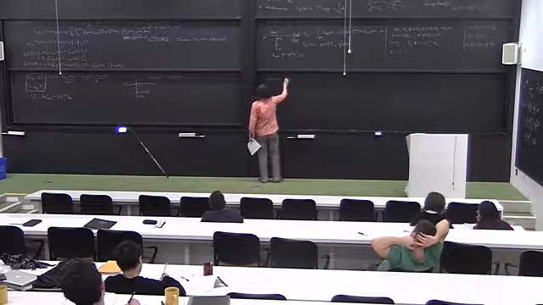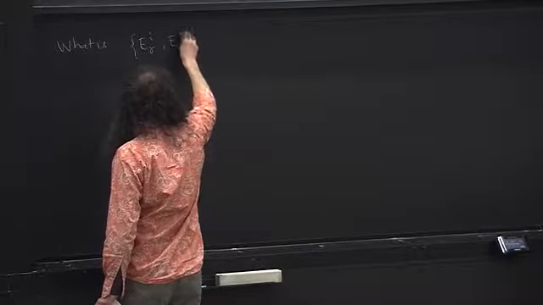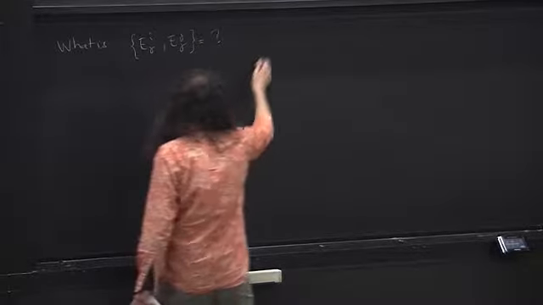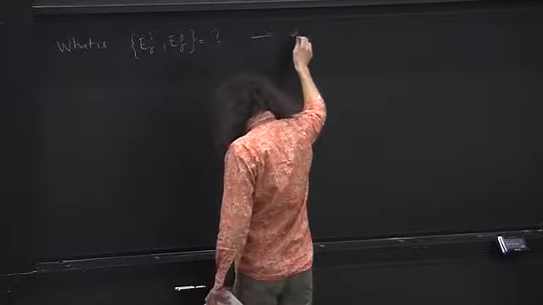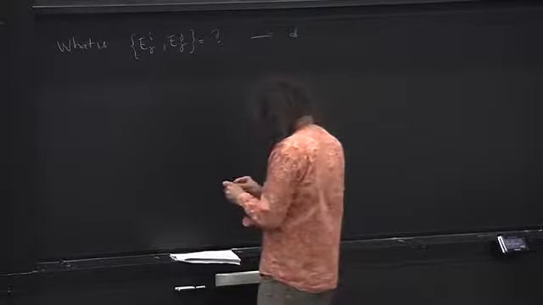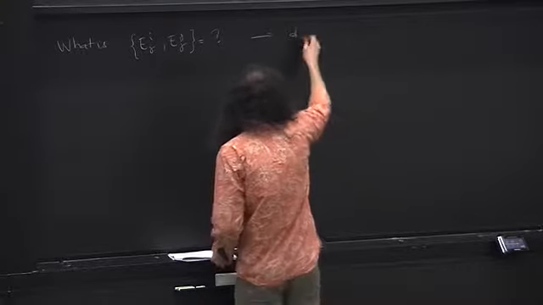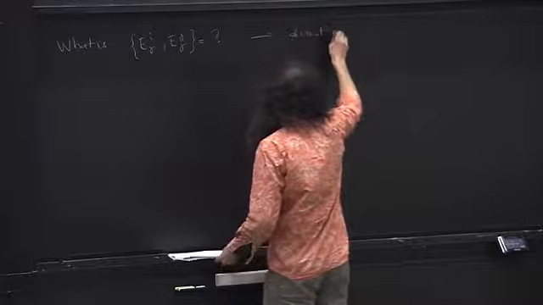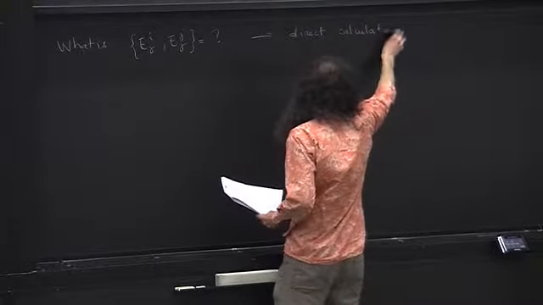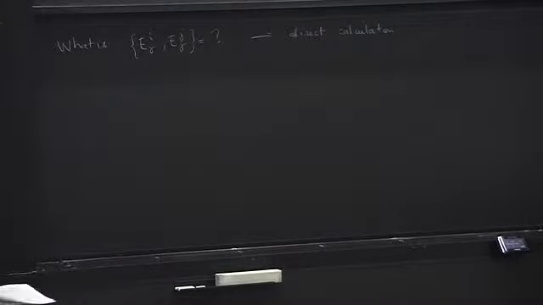What is {E_γ^i, E_γ^j}? You can do the direct calculation, but I'm not sure you'll find anything very insightful.